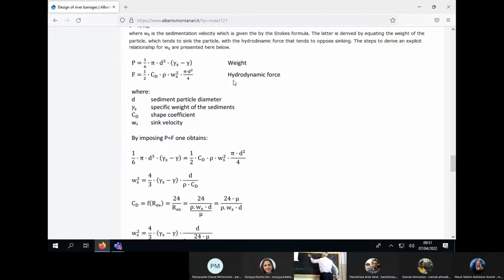Okay, so I keep the screen shared, and let me just clarify the concept. This is a longitudinal section of the sand trap. There is a step dividing the sand trap from the gravel trap. This is the gravel trap, and this is the sand trap.